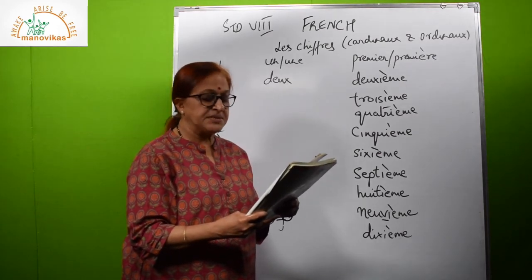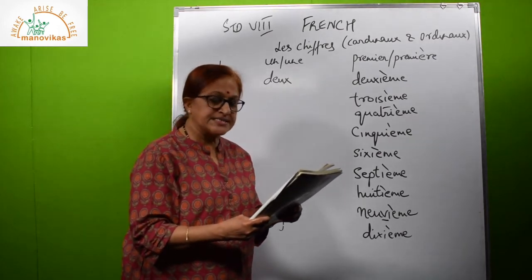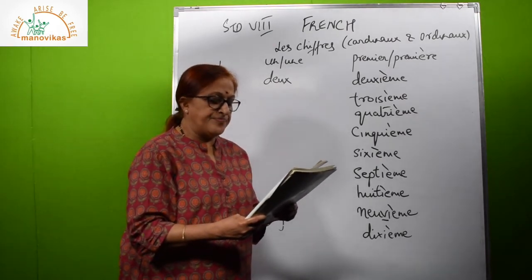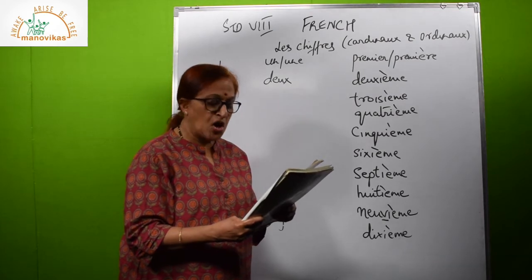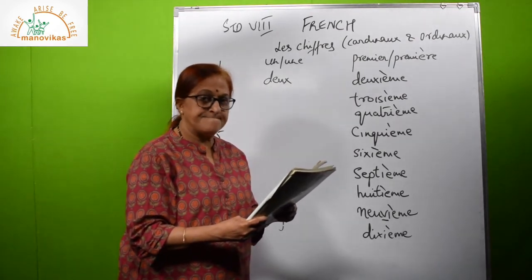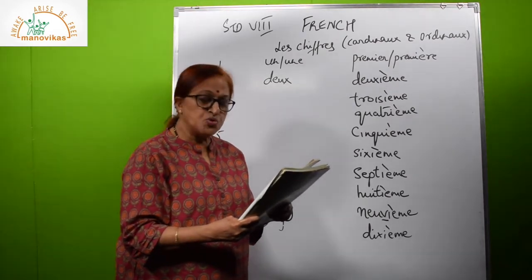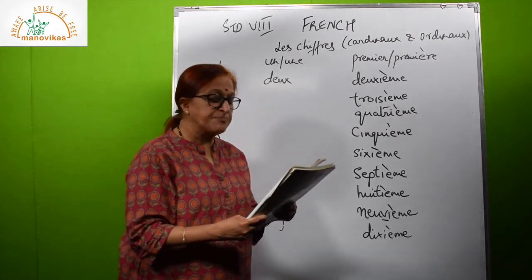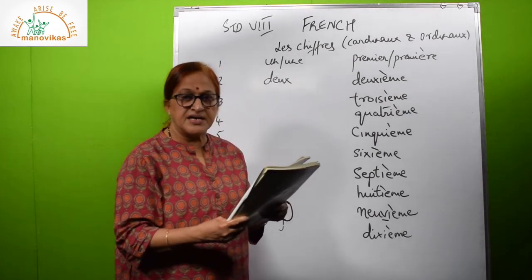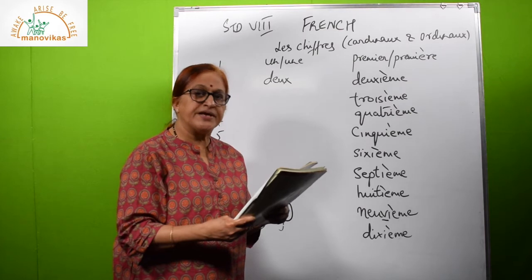Now, monsieur, vous êtes petit. Madame, vous êtes petite. So, in the first case, it's monsieur. It's a masculine, male. Sir, you are short. Then, in the second case, it's madame. Madam, you are short. What is the difference between that petit and this petite? There's an E. So, they have agreed the adjectives with the noun.